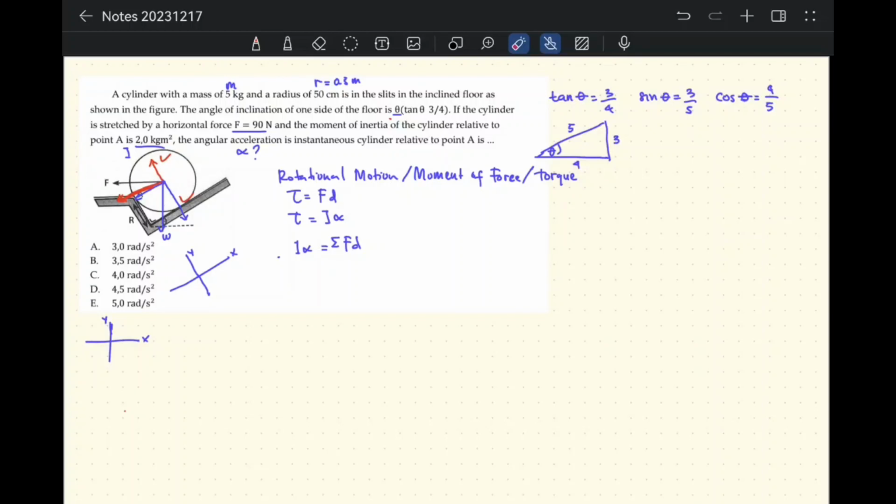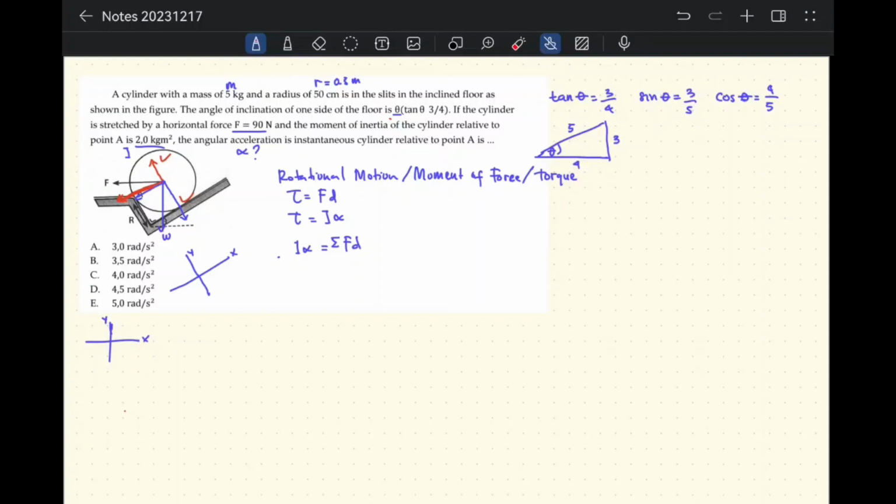So if the first component causes the object to move anti-clockwise, the fourth component will cause the object to rotate in a clockwise direction. So the directions of torque for the first component and the fourth component are opposite to each other.